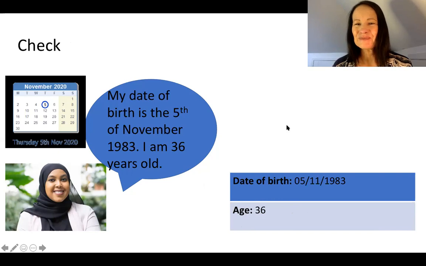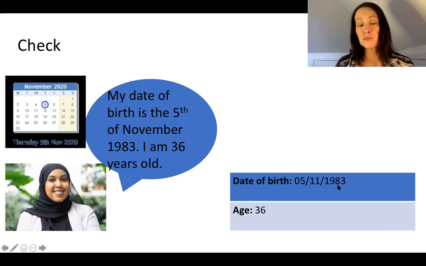How did you do? That's right, you could have had numbers. Probably on a form it would be numbers that you would use. 05, this is the 5th, the day that she was born. The month was 11, which is November, the 11th month of the year, and the year 1983.